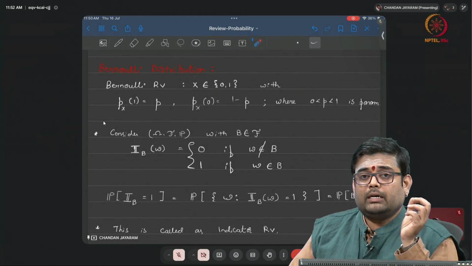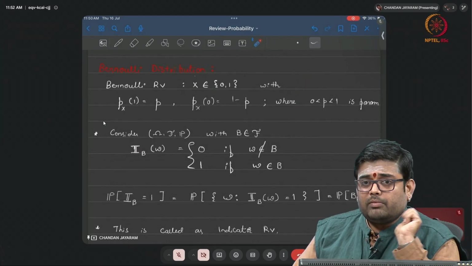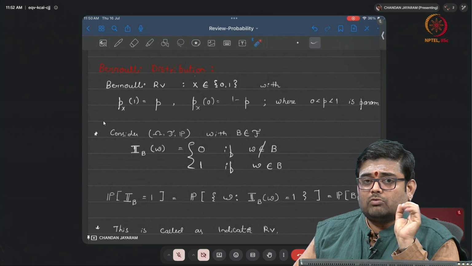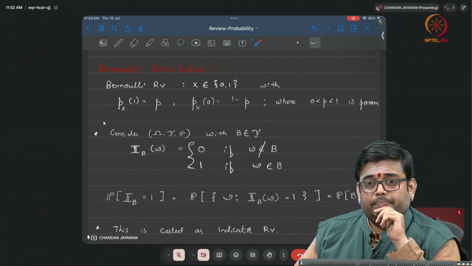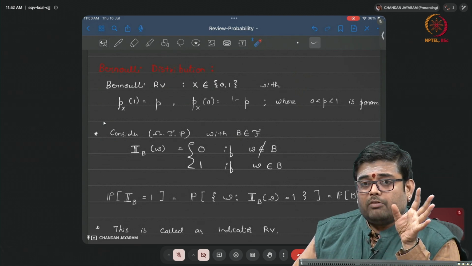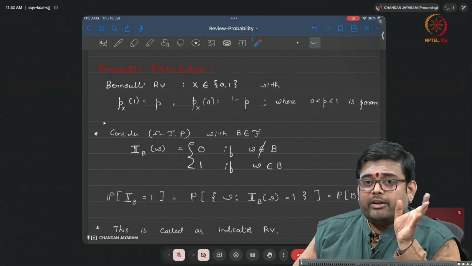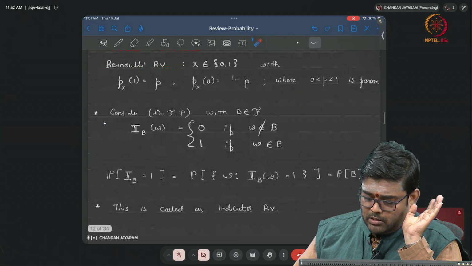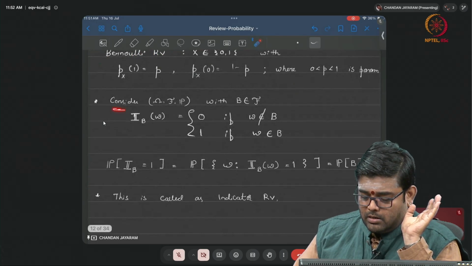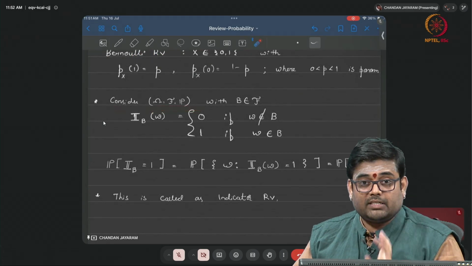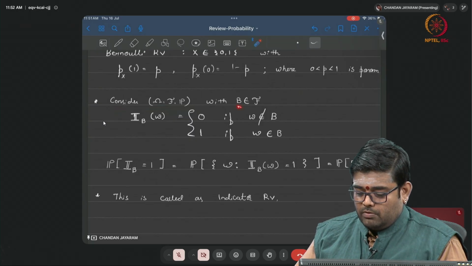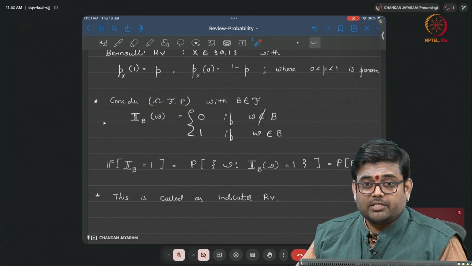Another important variation of the Bernoulli random variable that we see in most cases is known as the indicator random variable. The indicator random variable takes the value 1 if the event occurs, okay. Consider a sample space (Omega, F, P) and take a B which belongs to this event space.